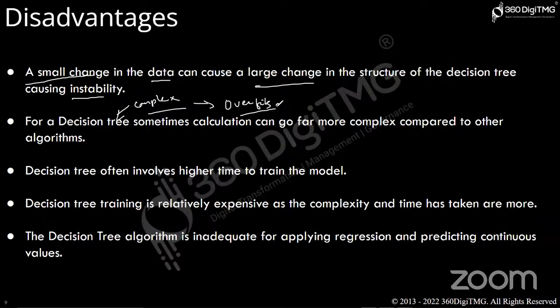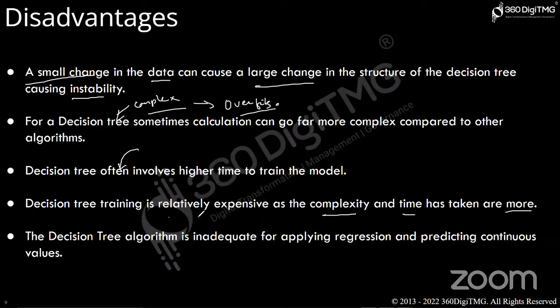Now, a decision tree also involves higher training time. It takes a very long time to train the model because it will recursively do the training. Then, decision tree training is relatively expensive as the complexity and time taken are more.